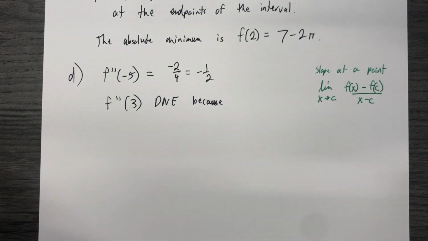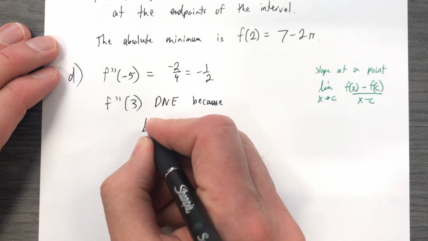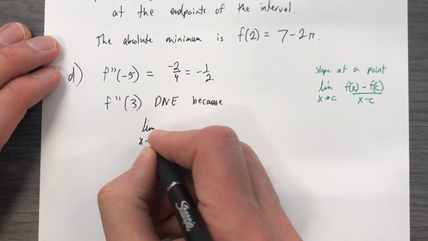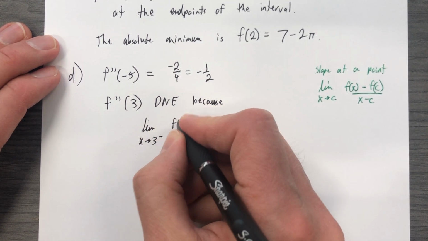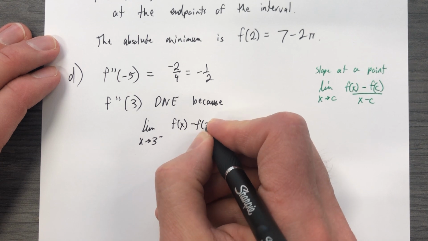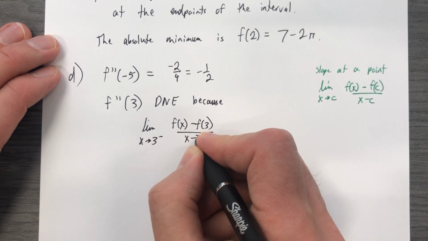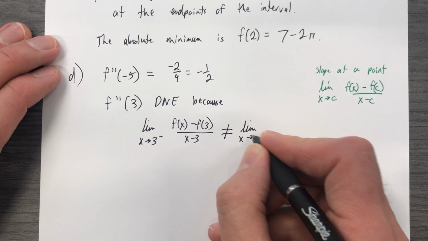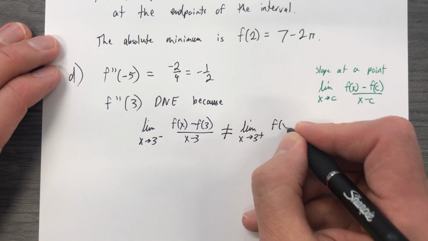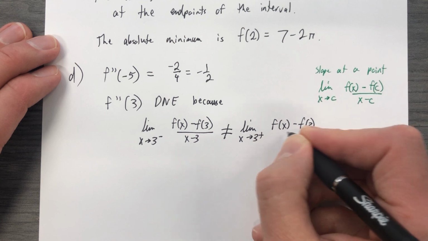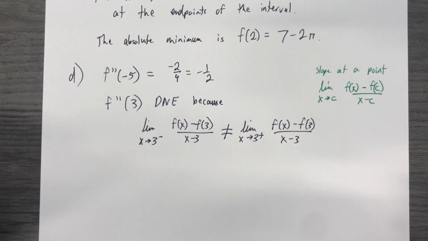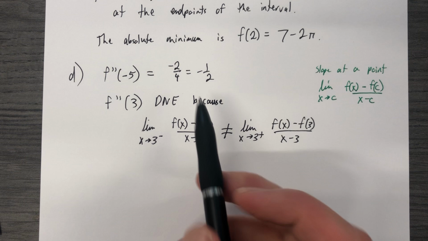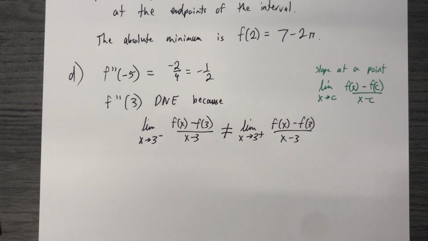So to finish our sentence, this doesn't exist because the slope as we approach 3 from the left does not equal the slope as we approach 3 from the right. And that's why it doesn't exist. This one didn't require an explanation. This one did. Okay, let's see if we got all 9 points.